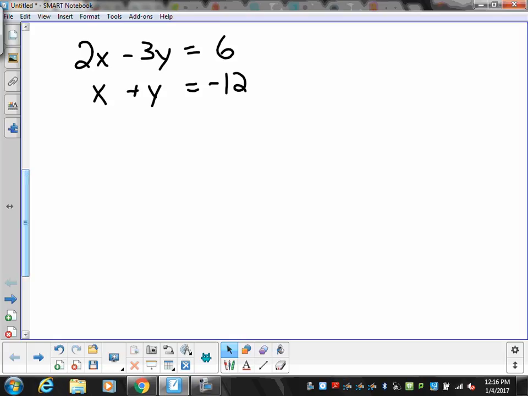We're going to do the same process. We're going to solve this system of linear equations using substitution.